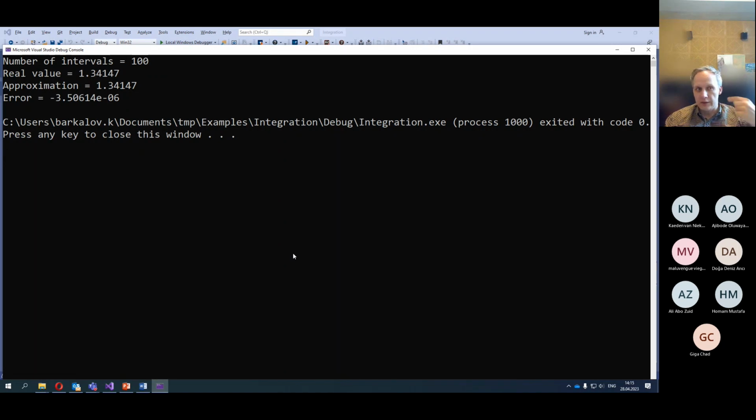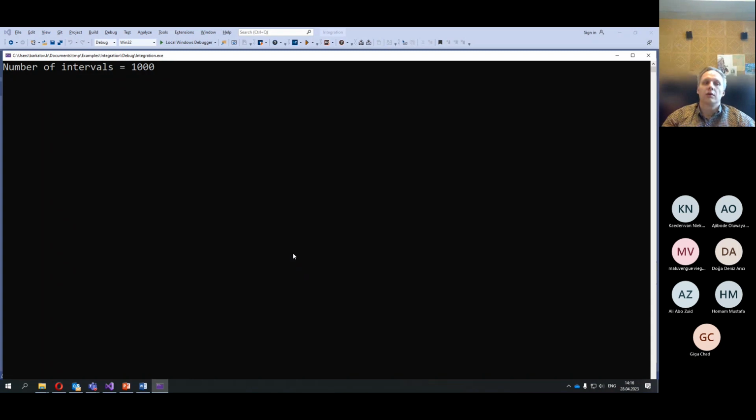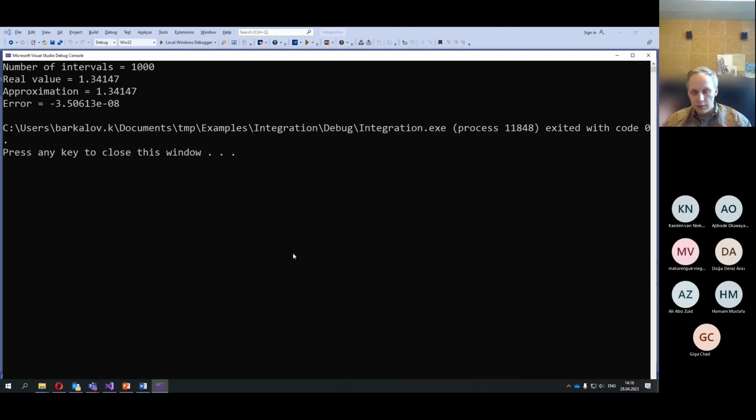We increase the number of intervals 10 times, and the error decreases 100 times, quadratic rate of convergence. If we increase the number of intervals to 1000, the error becomes of order 10 power minus 8, according to quadratic rate of convergence.